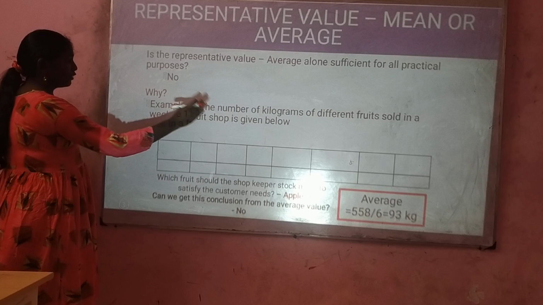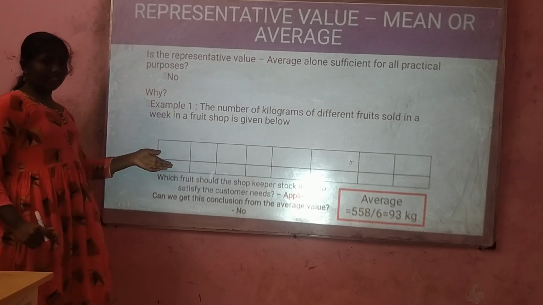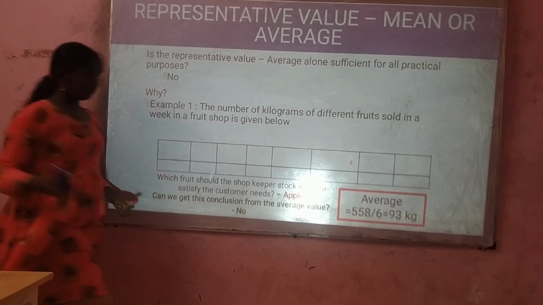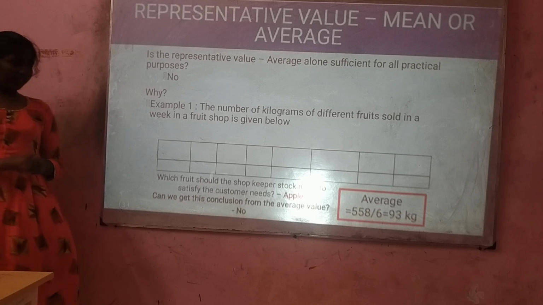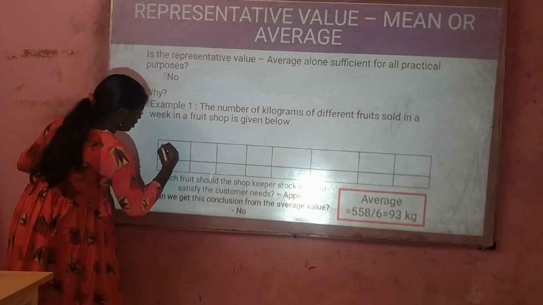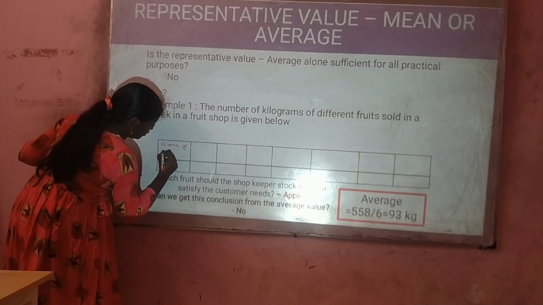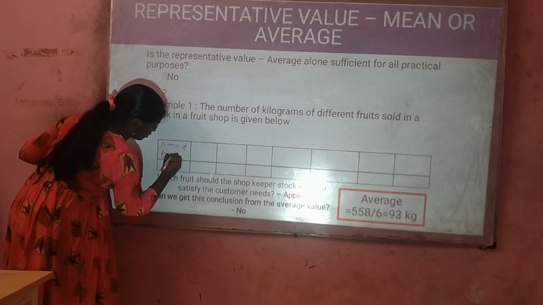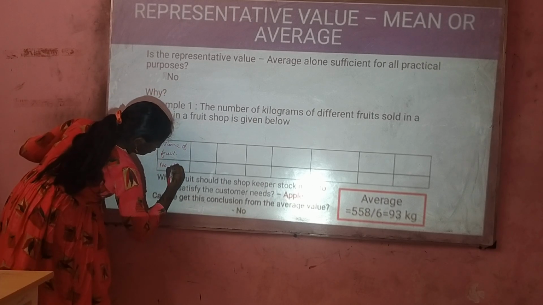The number of kilograms of different fruits sold in a week at a fruit shop, we can fill the table. So we can write name of fruit, number of kg.